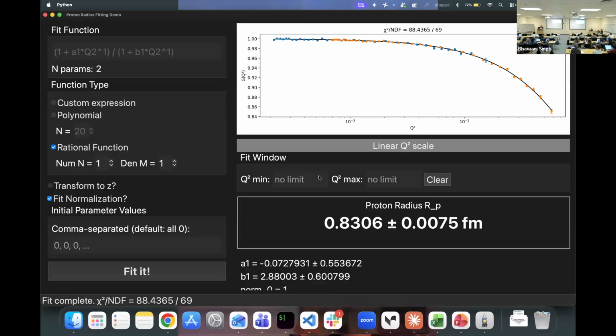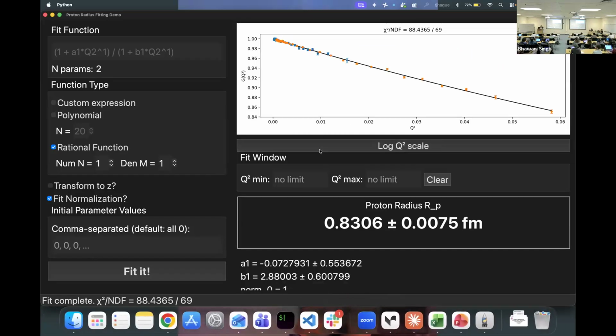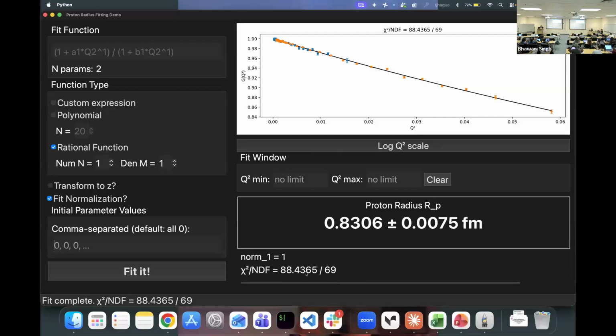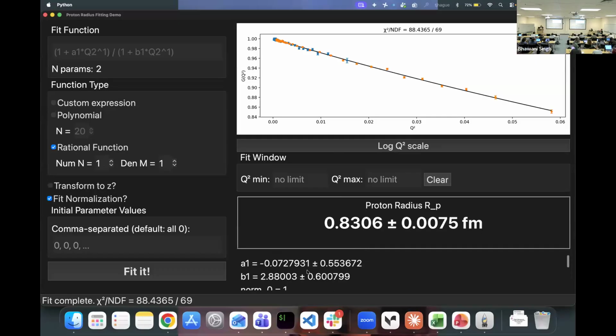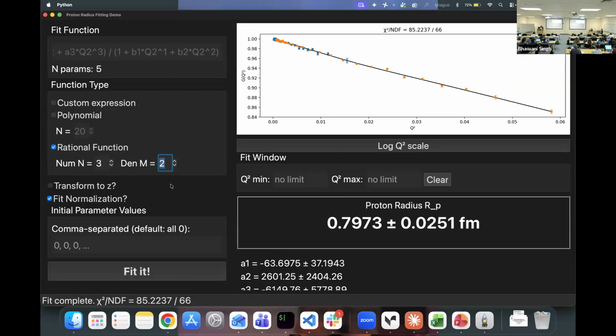And if we go there, yeah, it fits pretty well. Pretty low chi-squared. And if you really want to go crazy, you can add more terms, and you know it'll go all over the place if you play with it.